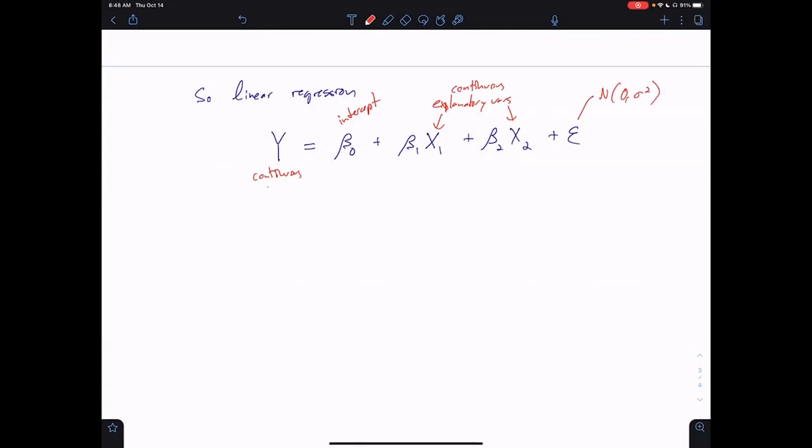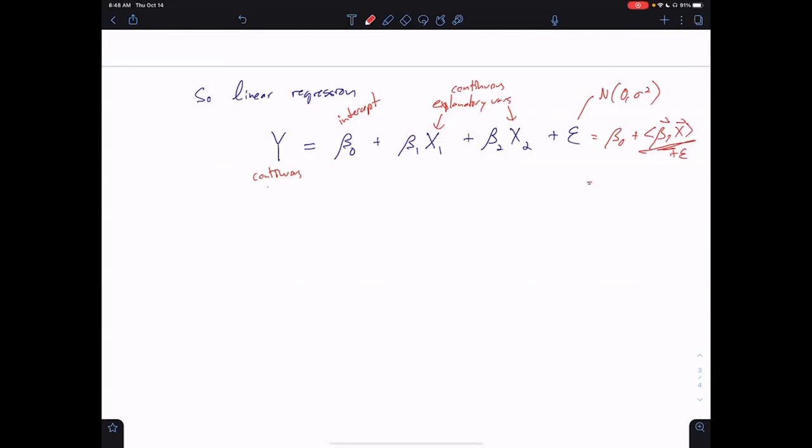Okay. And you can also think of this as taking some intercept, and then taking an inner product of a vector of coefficients with a vector of random variables, and then adding noise to it. And this idea of taking an inner product is key to the idea of an exponential family, which is the family of noise models that allow for a generalized linear model.